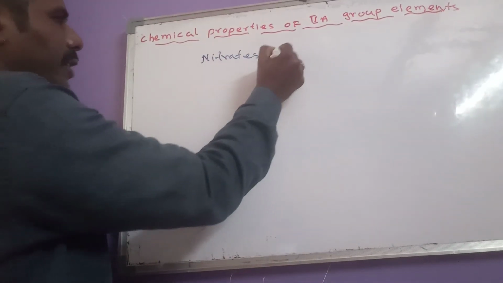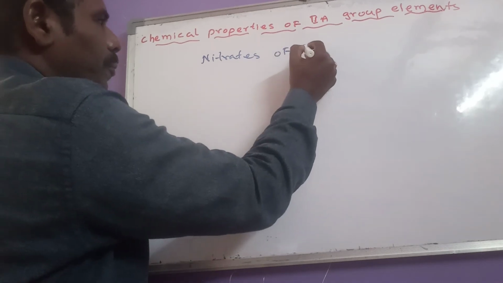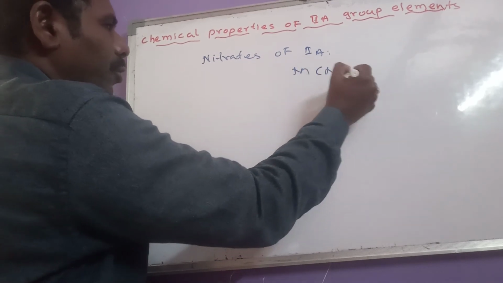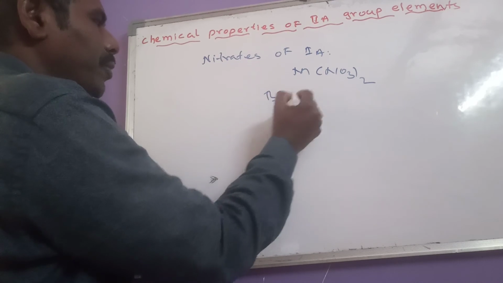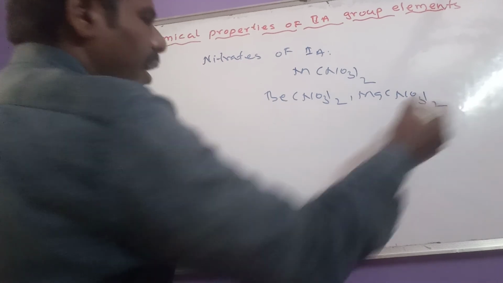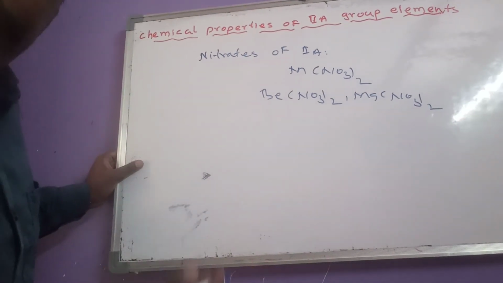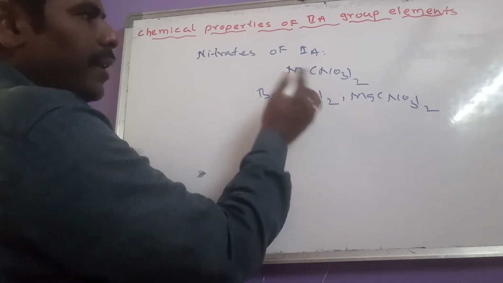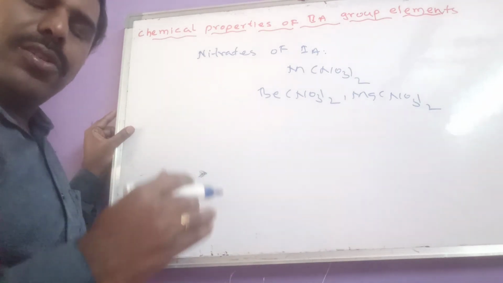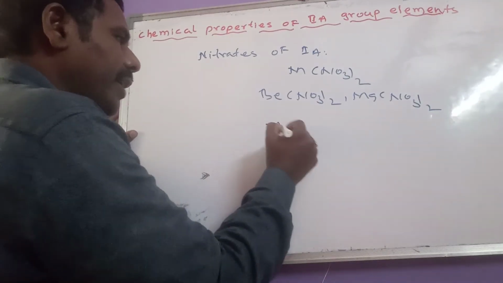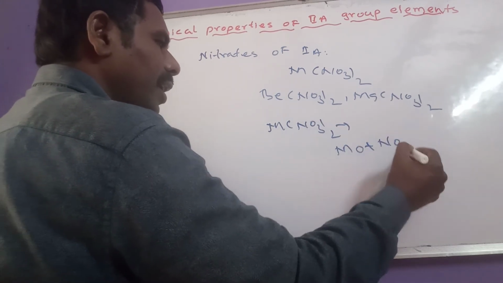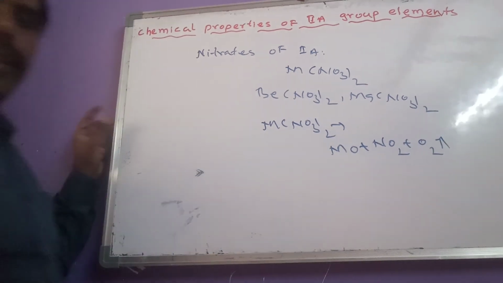Okay, then come to the nitrates of second A group elements. The general formula is M(NO3)2. Examples are beryllium nitrate, magnesium nitrate, calcium nitrate, and so on. Now, similar to lithium nitrate, not all first A group, these nitrates also on decomposition produce oxide, nitrogen dioxide and oxygen gas.